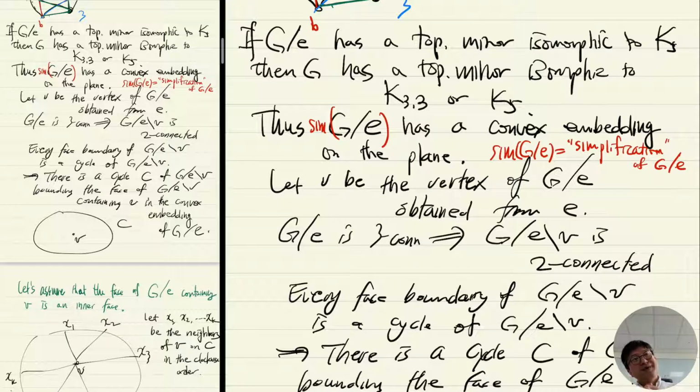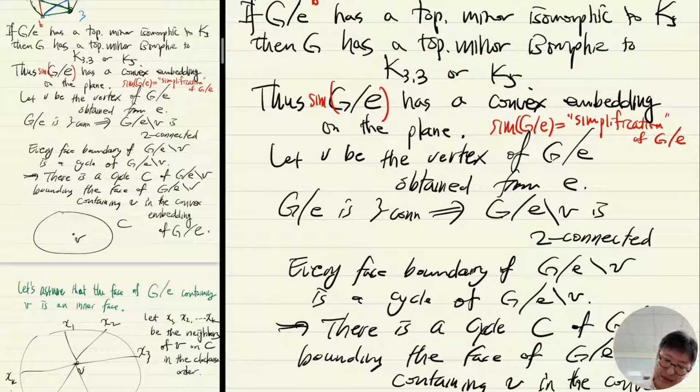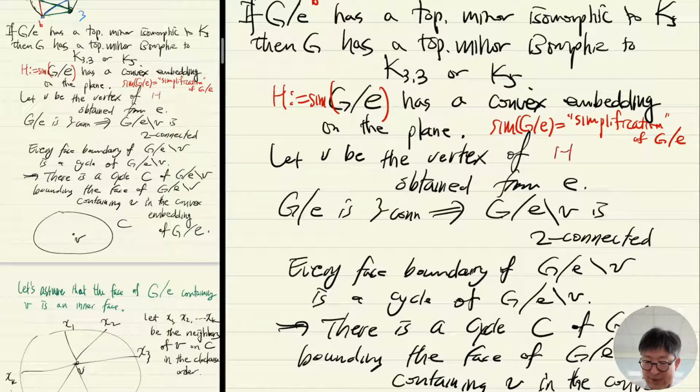And if you do have parallel edges, then you cannot apply the induction hypothesis. So I'm going to ignore all the parallel edges. So sim G contract E has a convex embedding then, right? Okay, so let me fix this a little bit. Let H be this. Now let's replace this by H.